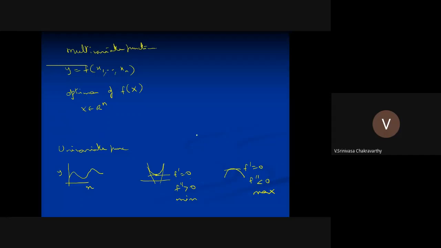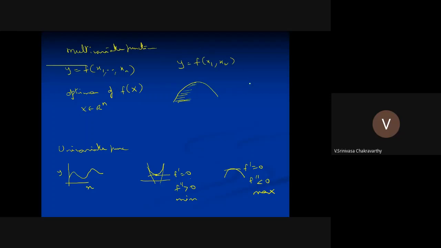But how do you carry these concepts over to multivariate functions? Let us say y is a function of just two variables, x1, x2. If you want to find a maximum, it might look like a hill, right?